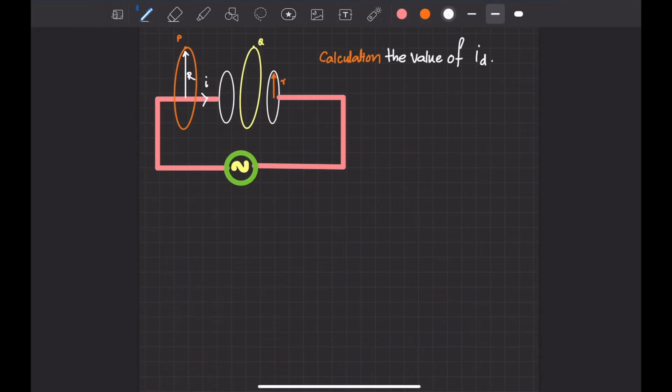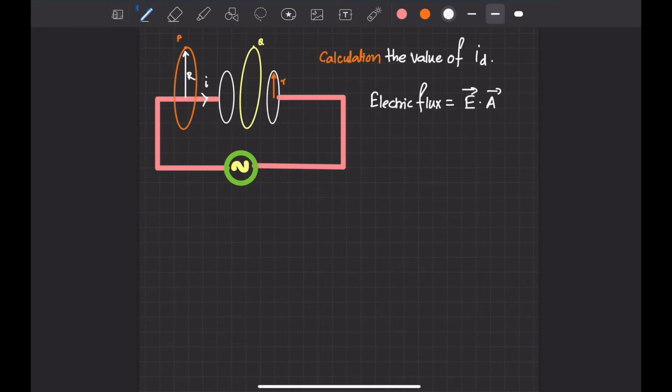Okay, we know that the electric flux is equal to the electric field dot the area, right? So this is what we already know about the electric flux.